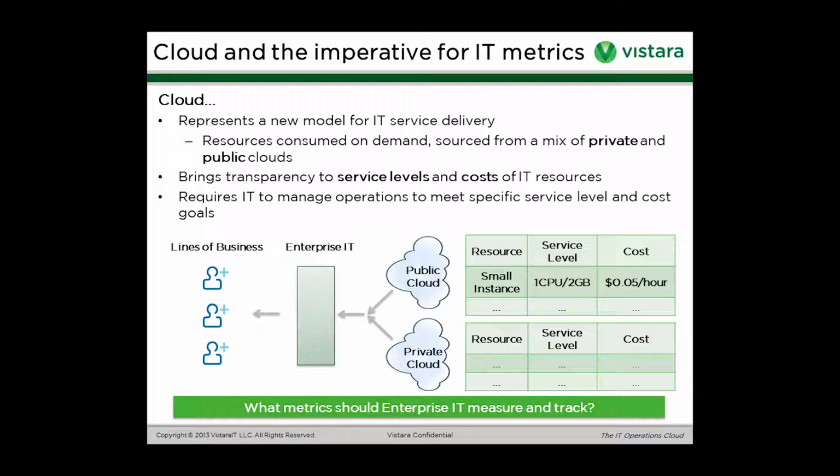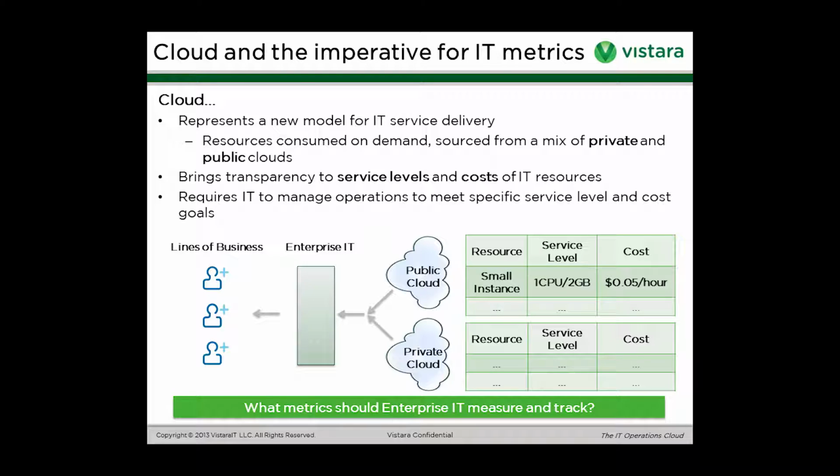Before public cloud, some organizations may have had formal service level agreements between lines of business and internal IT, but it wasn't quite as formal as what public cloud necessitates. So, for example, you can go to Amazon and buy a VM or a cloud instance for 6 cents an hour, and get a high IO instance for 12 cents an hour, and it's guaranteed to give me certain IO performance, for example.